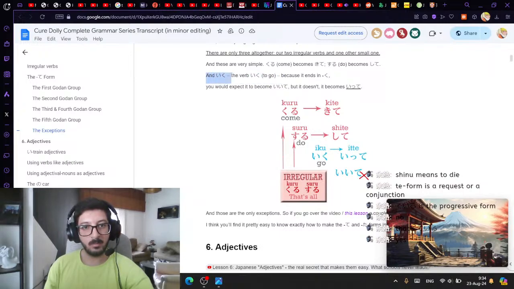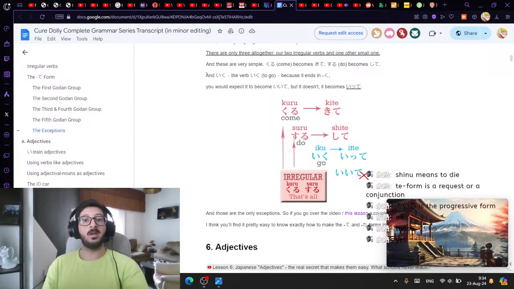And the verb iku, to go: you would expect it to become iite, but it doesn't. It becomes itte.